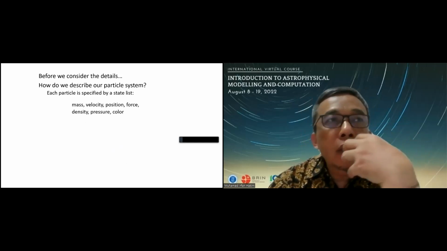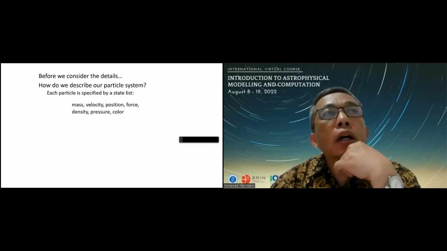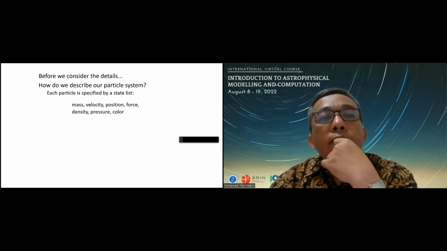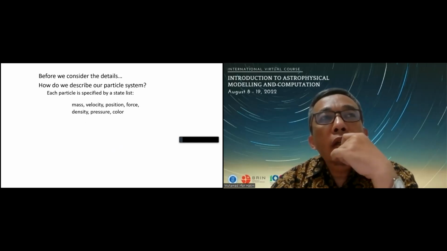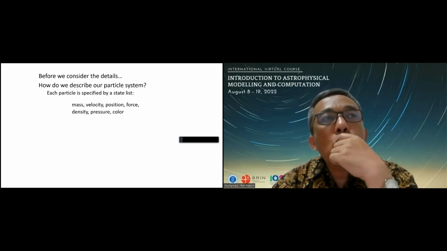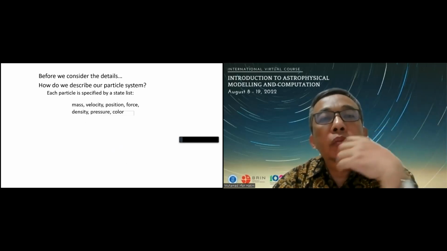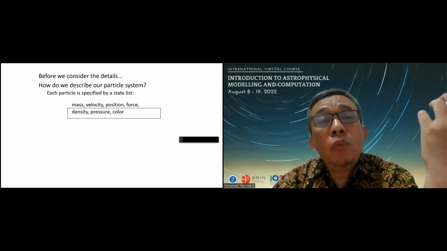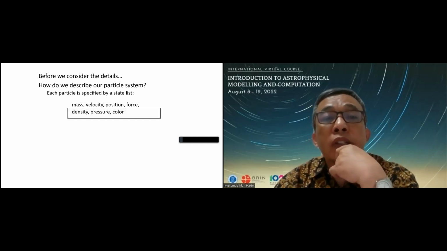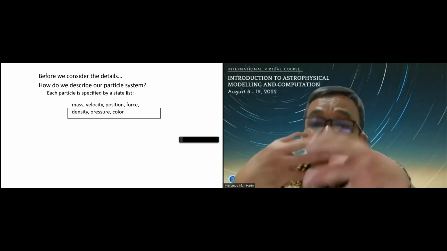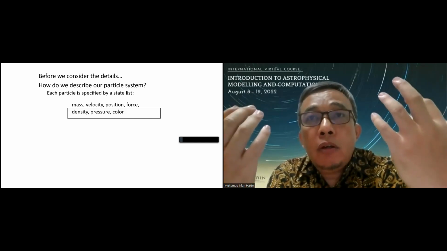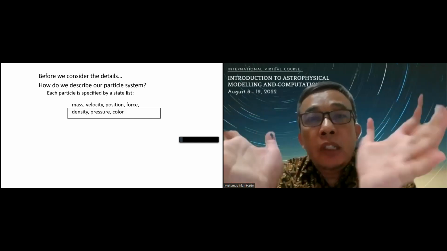Now we're approaching the simulation by listing the particles. For each particle, there are many properties, and we need to visualize the dynamics of this particle system.